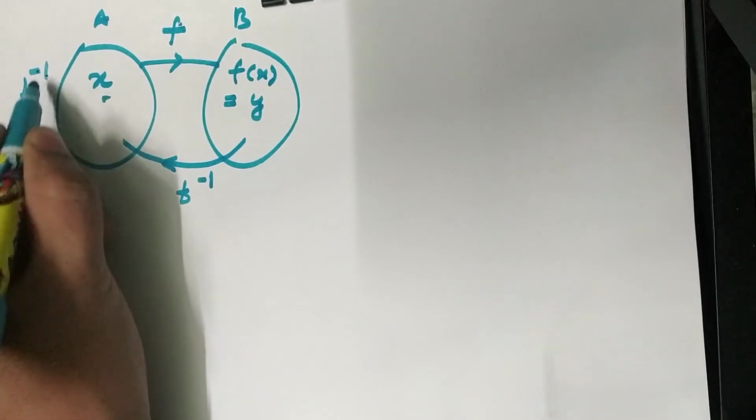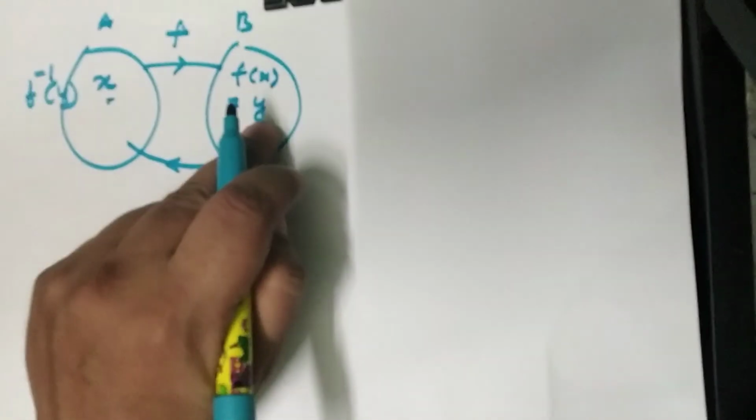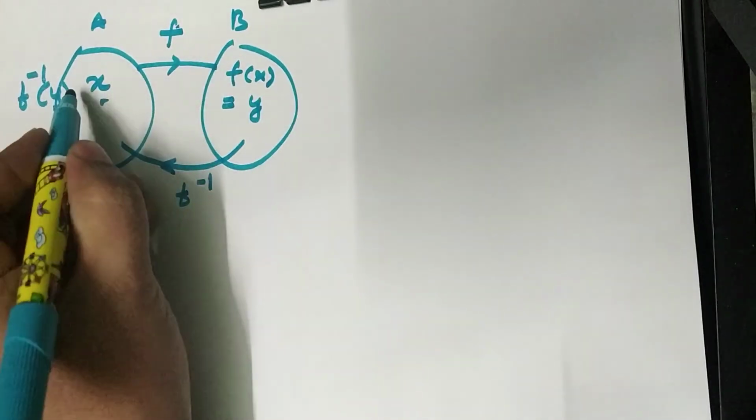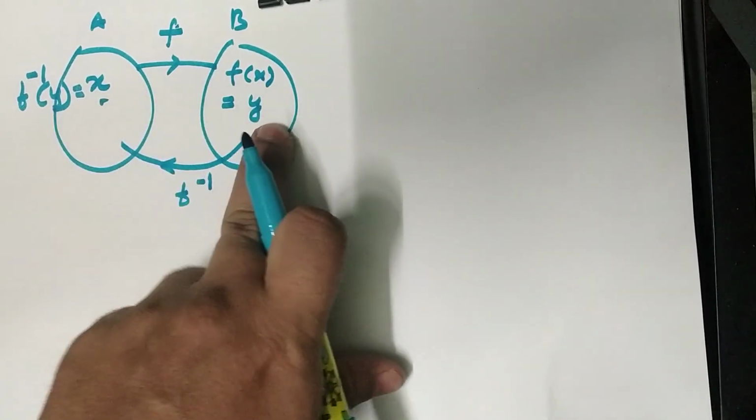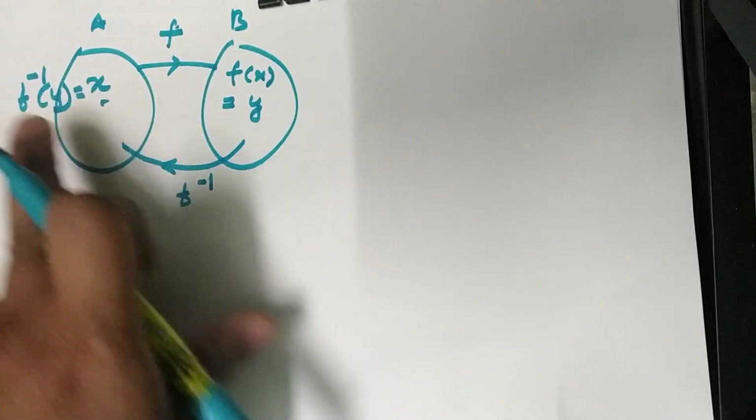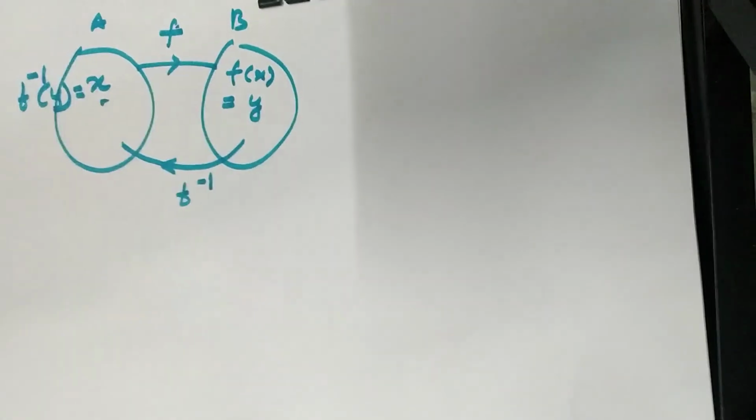Means f inverse will take y to x. f inverse of y is the output of y under f inverse, and f inverse of y should be equal to x. Correct?